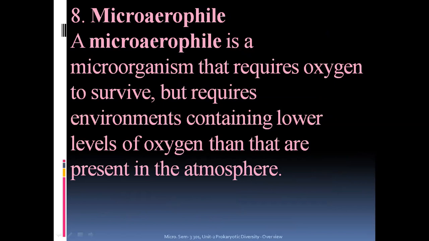So these are organisms that require oxygen but require environments containing a lower level of oxygen. Micro means a trace amount, a very small amount of oxygen is required for their growth. These are regarded as microaerophiles, that is organisms, and the organisms which survive in a microaerophile environment are microaerophilic.